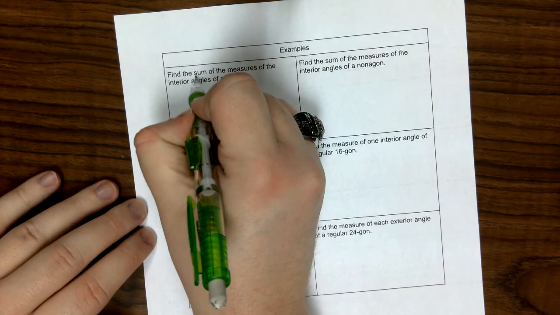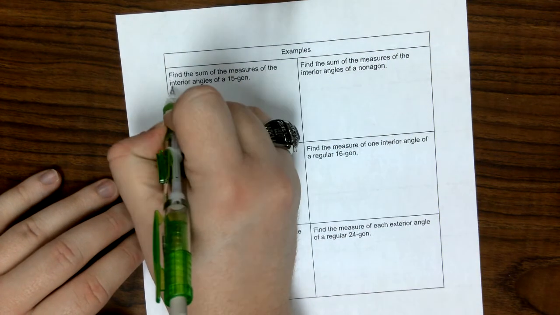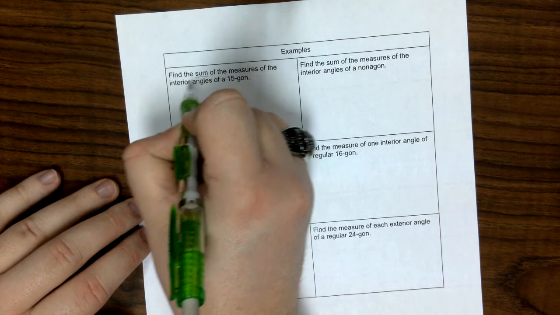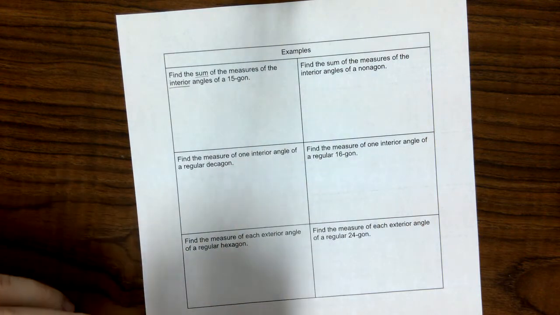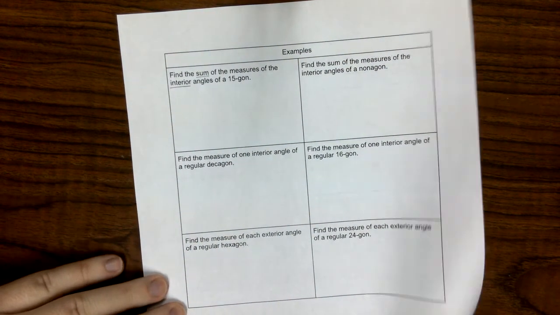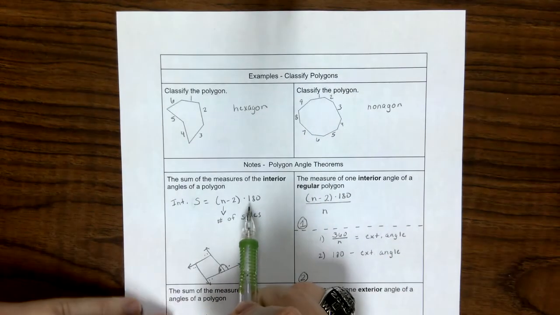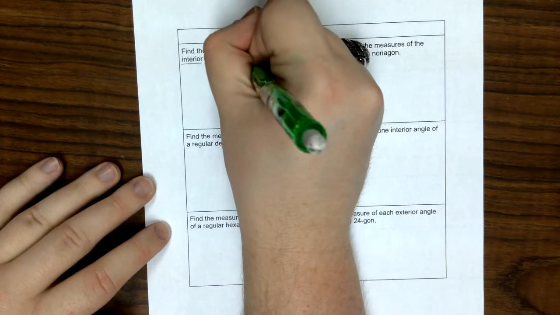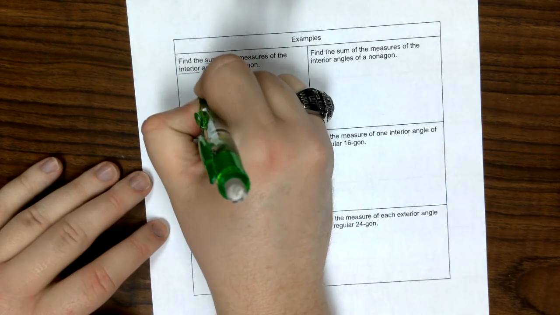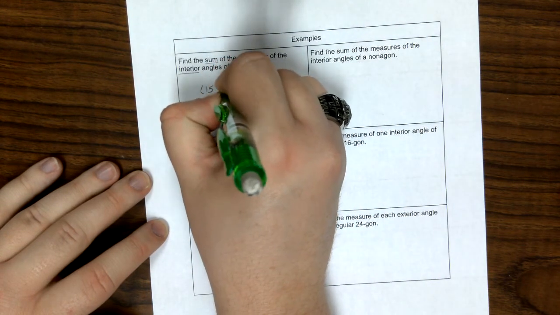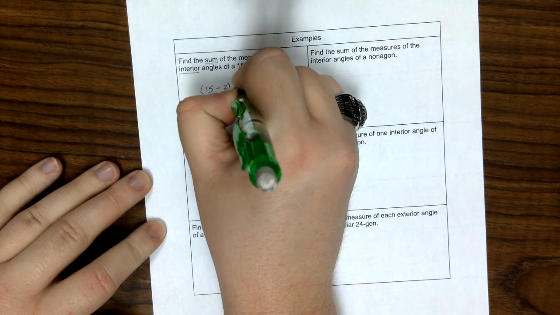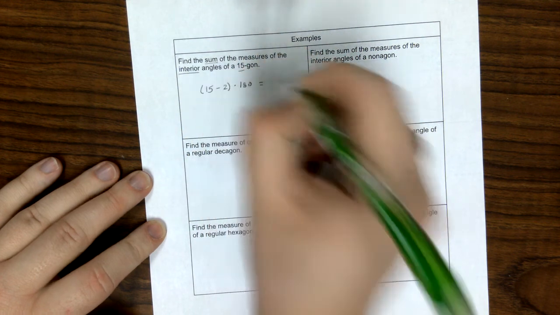Find the sum of the measures of the interior. So I'm looking at my sum interior. That's my keywords. So I'm going to go back and use this formula because that's for sum of interiors. My sides are 15, so I'm going to do 15 minus 2 times 180.